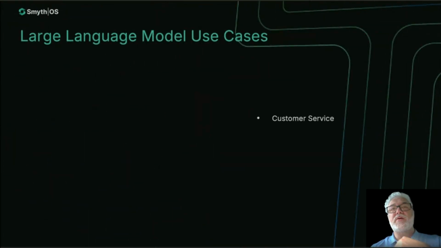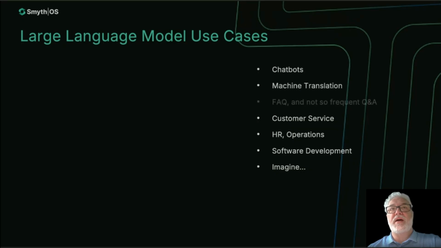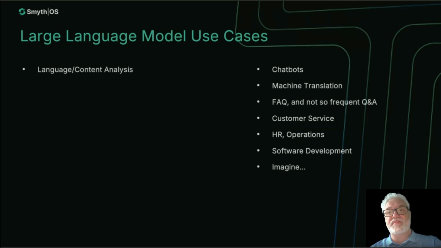So what are some of the use cases for the large language models? We have things like chatbots, machine translation, translations of one language to another, FAQs and not so frequent Q&A, customer service chatbots, or the ability to use chat or even other applications to get data out of very large data sources that people may not necessarily be experts in understanding how to retrieve.